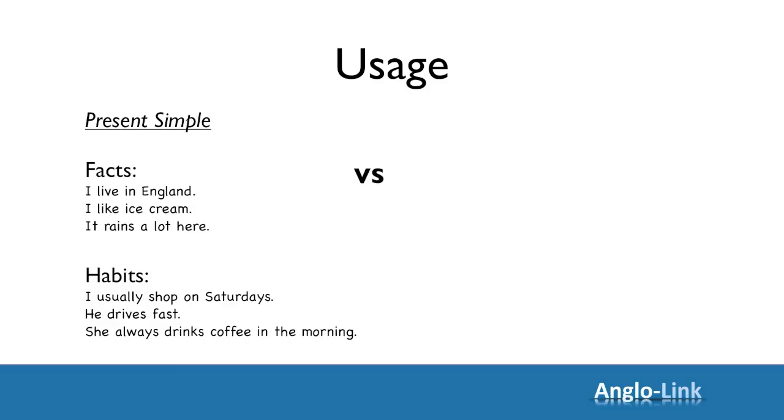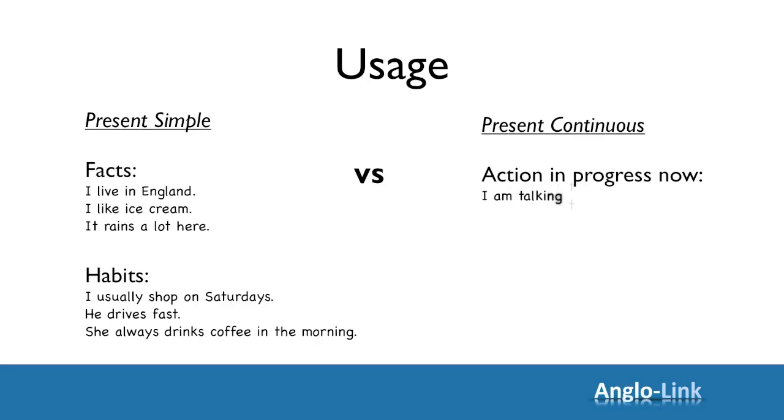Let's look at present continuous now. We use present continuous for action in progress, now, temporary situations, things that are happening now and will stop at some point. Let's look at the examples. I'm talking to you. How about you? What are you doing now? I hope that you are listening to me very carefully.